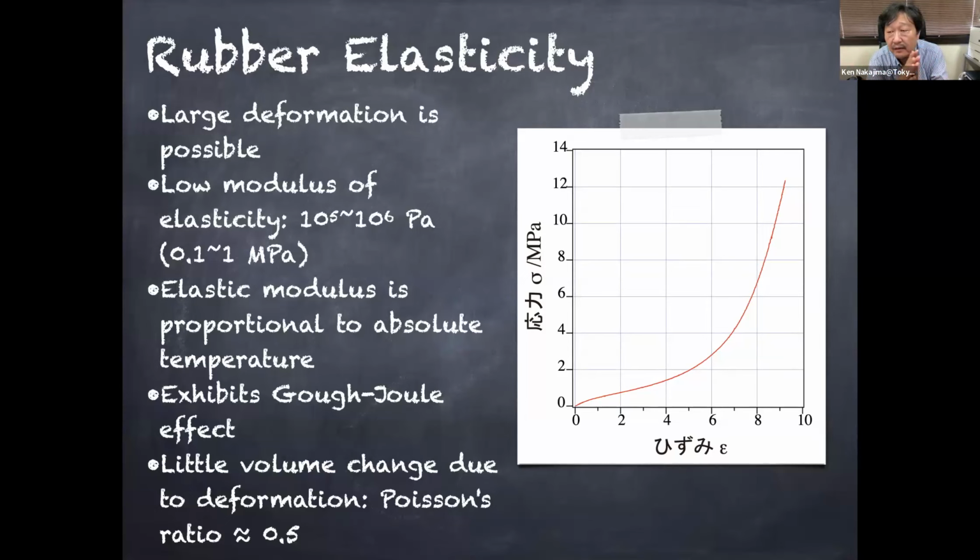Then, from now on, we turn our eyes to the macroscopic world, which you have already learned a bit from Professor Ogisa's talk, but I repeat. Here I listed some physical properties of lovely materials. First one, large deformation is possible.